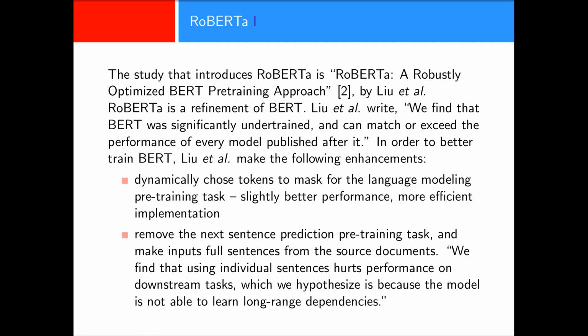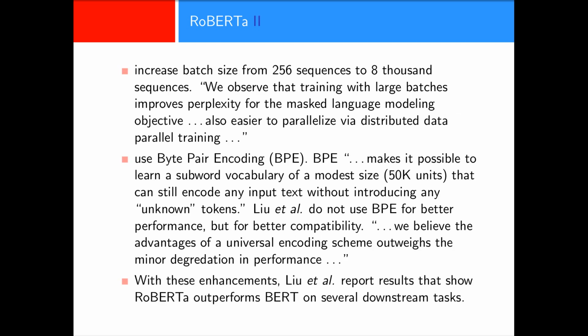Interestingly, they do away with the next sentence prediction part of the pre-training. They found out that they didn't get any better results using that. They do dynamic token masking instead of static token masking. In choosing tokens to predict, they found it worked a little bit better if they do that on the fly as we are doing the pre-training task for Roberta.